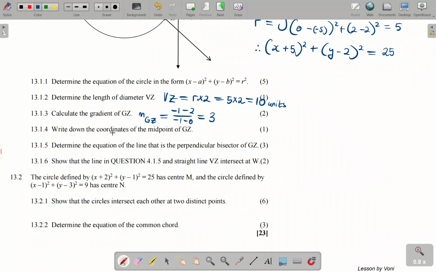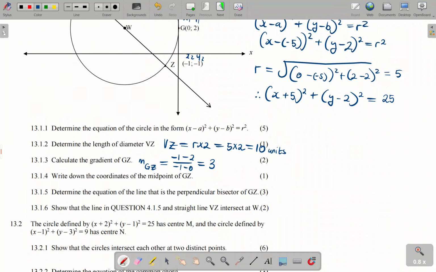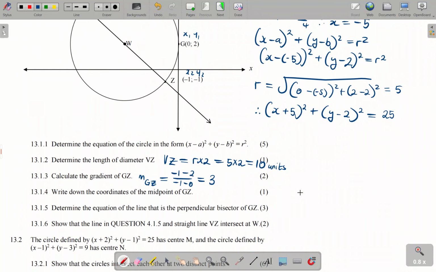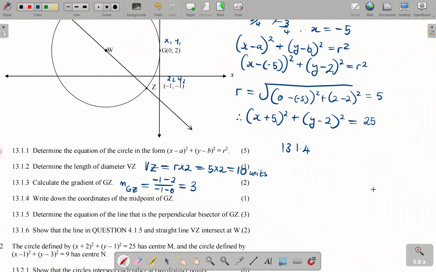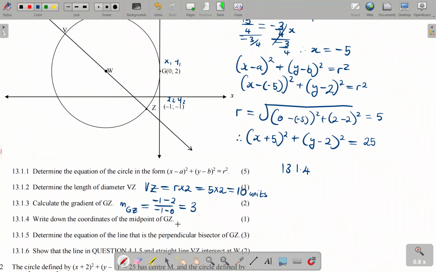Write down the coordinates of the midpoint of GZ. Again, GZ. This is 13.1.4. They're looking for the coordinates of the midpoint of GZ.